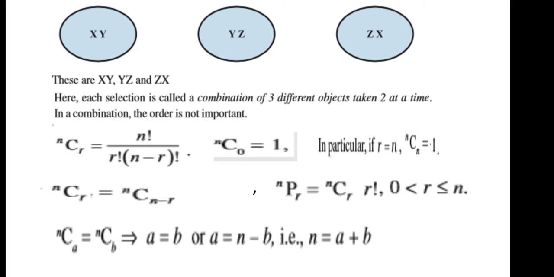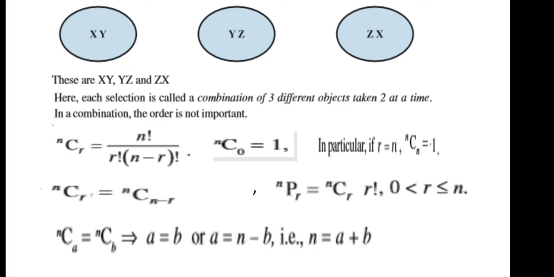Now there is a very important relation. nCr will be the same as nC(n minus r), which you can prove using the formula for nCr. For example, 5C2 will be the same as 5C(5 minus 2), which is 5C3. So this is one example of the result nCr equals nC(n minus r).